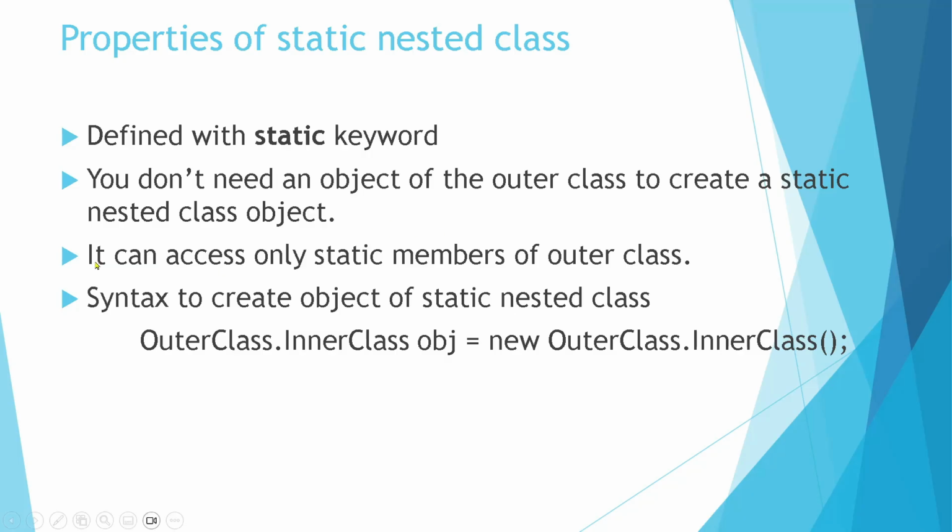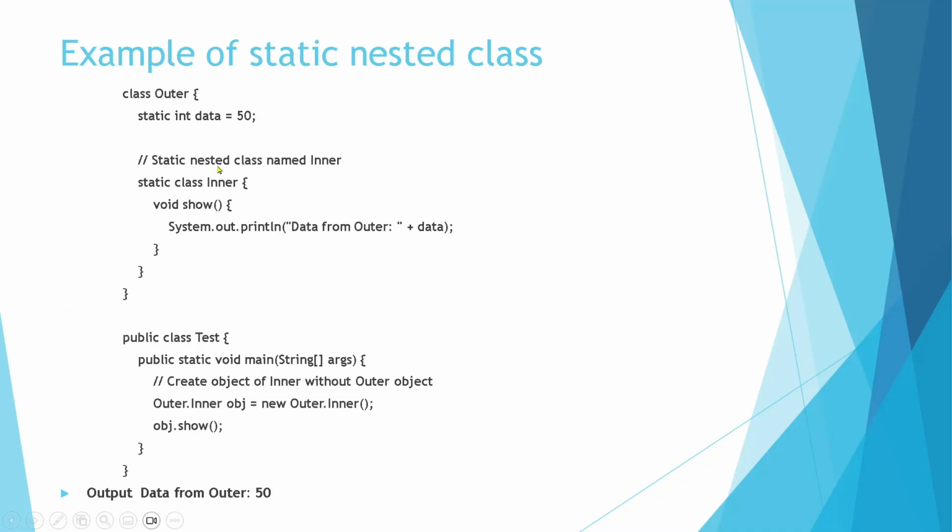Again, the property is given that it can access only static members of the outer class. So in this example, for the outer class, the static member is the data variable. This is static. It means that this static inner class can access this data variable.